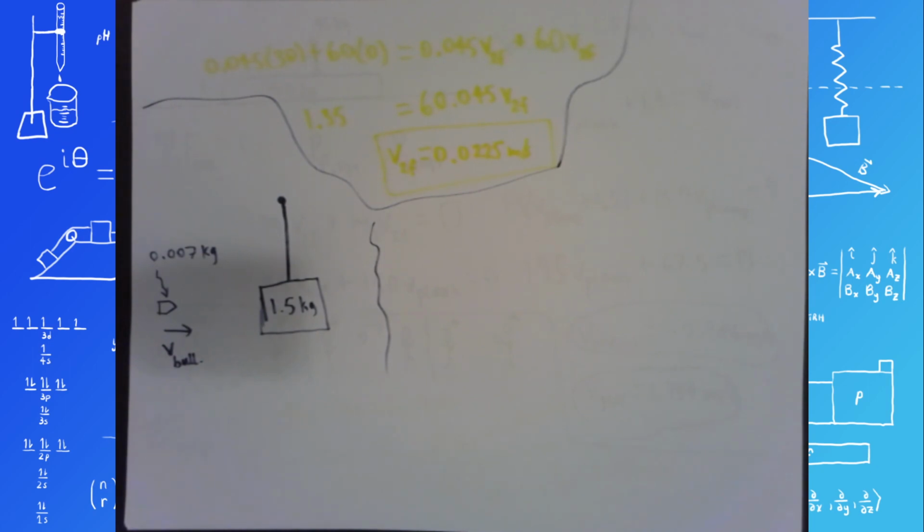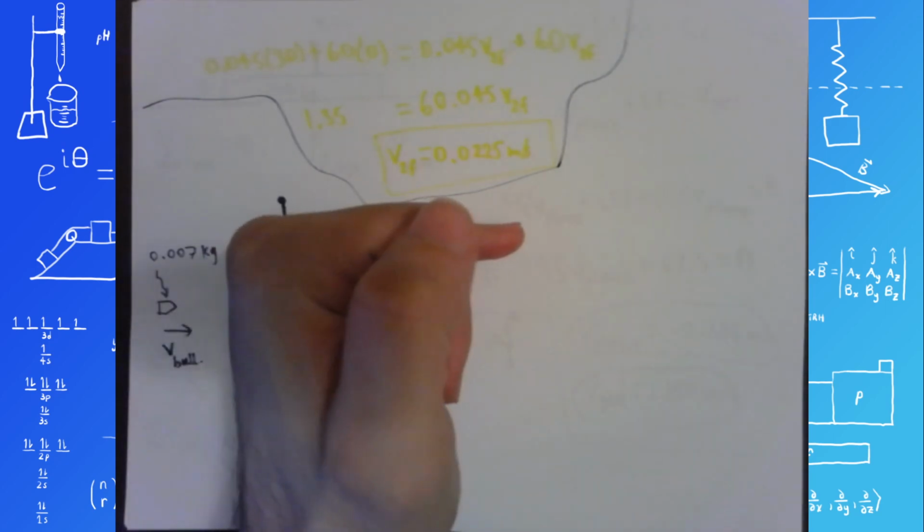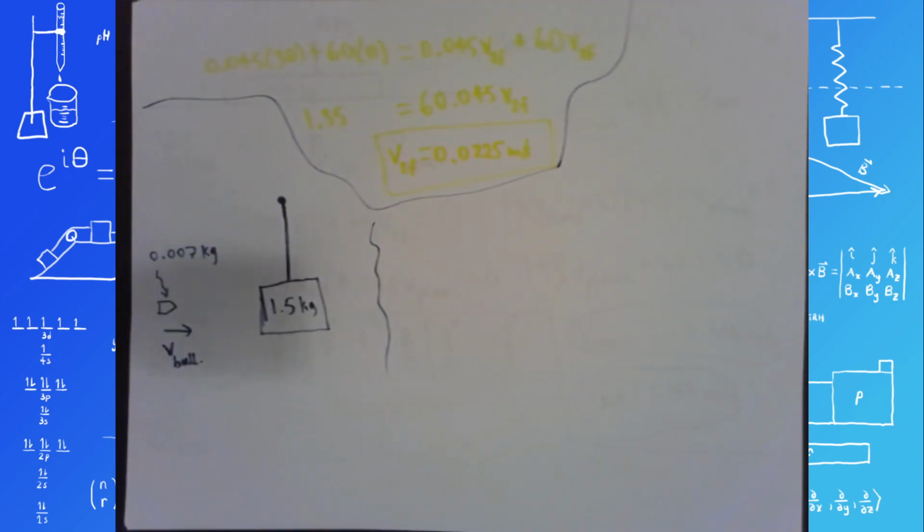And as long as it leaves the block between the time that the block starts rising and the time that the block reaches its maximum height, there should be no difference energy-wise in how much energy the block gained.